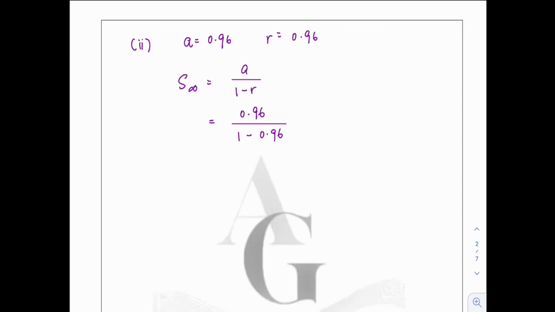You'll find out that the answer is equal to 24. But this is only for upwards. So the total distance traveled by the ball up and down is 24 times 2, which is equal to 48 meter. That means no matter how many times the ball bounces, the maximum total distance that it can reach is just 48 meter. That's how we show for part 2.